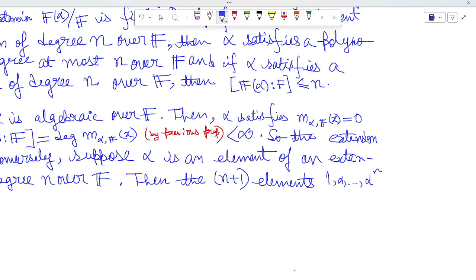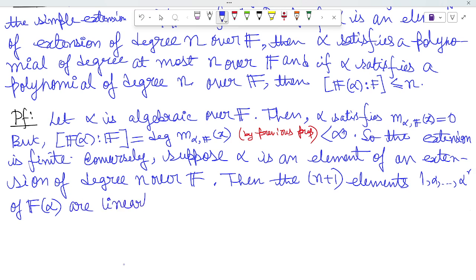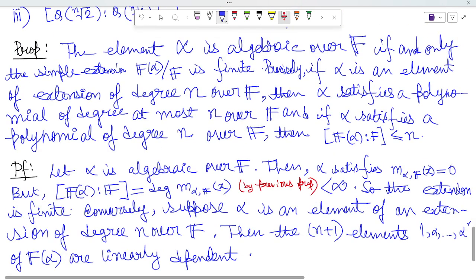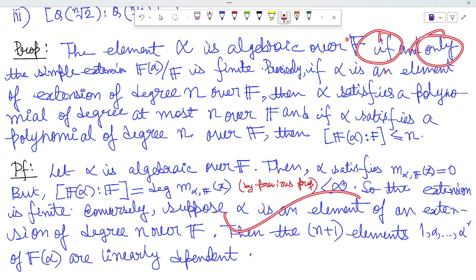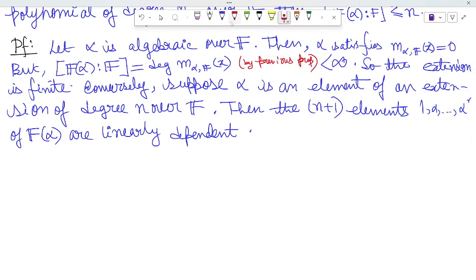You might wonder why I took the if part and then the precise part. The only if part is the precise part. So it will satisfy some equation.